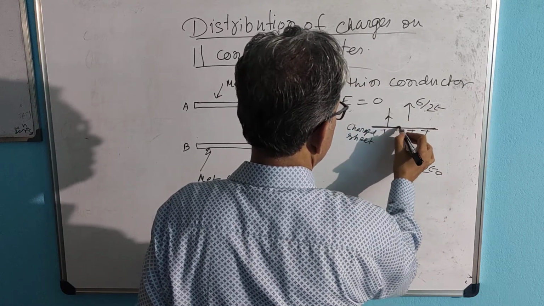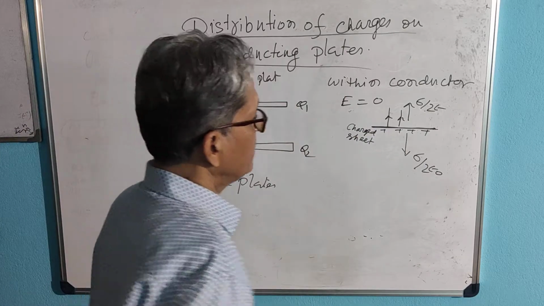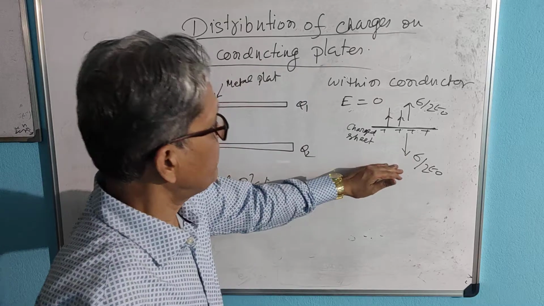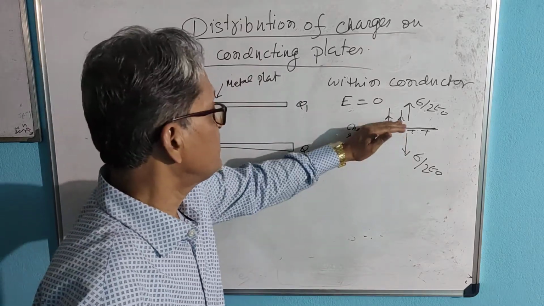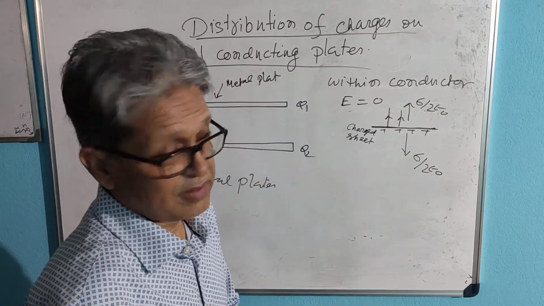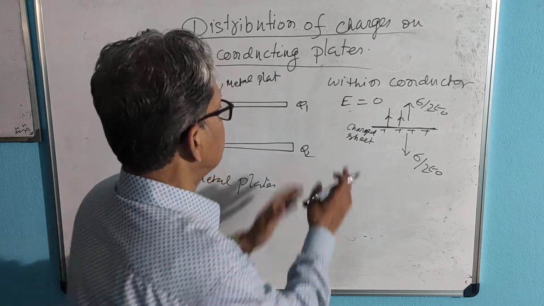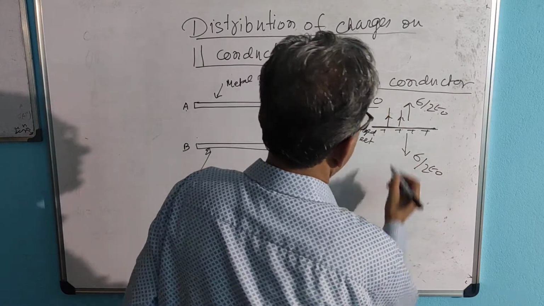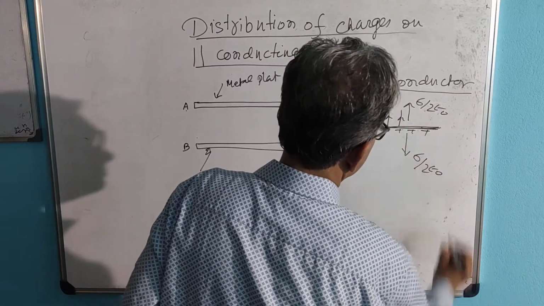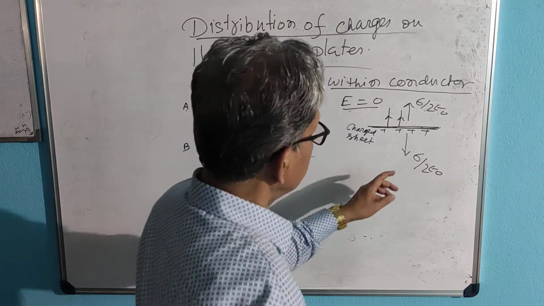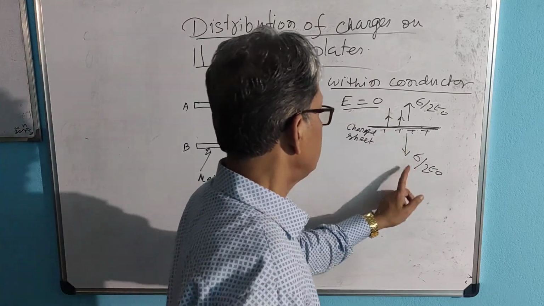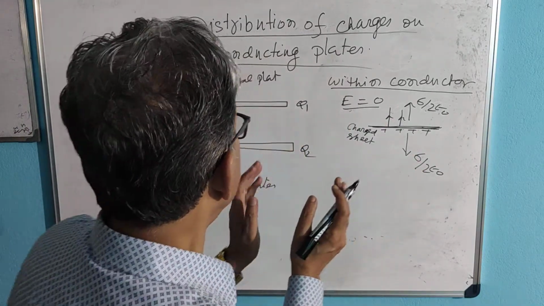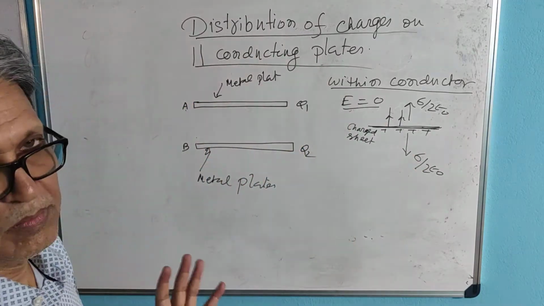The field will be normal to the plates, and you see that this electric field does not depend upon the distance from the charged plate. These 2 ideas, within the conductor E equal to 0 and a charged sheet has electric field intensity sigma by 2 epsilon 0, will be applied in this problem to solve it.